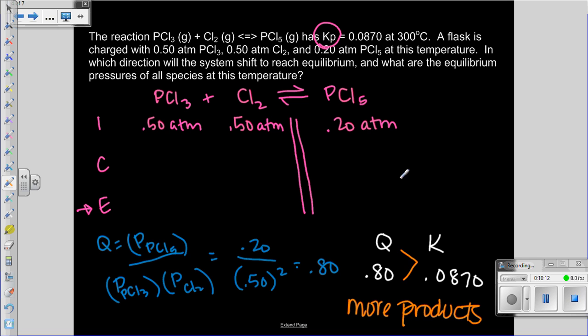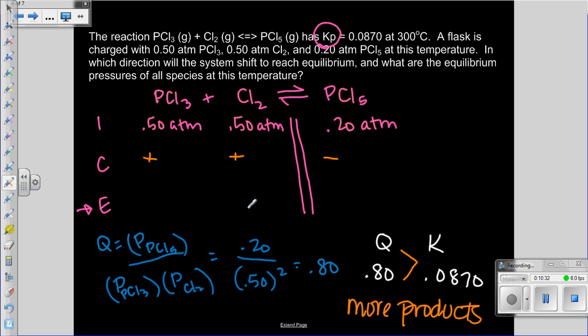And that means the reaction is going to shift to make more reactants, to relieve the stress of more products. So the reactant side is going to go up, I'm going to make that plus. The product side is going to go down, that's going to be minus.